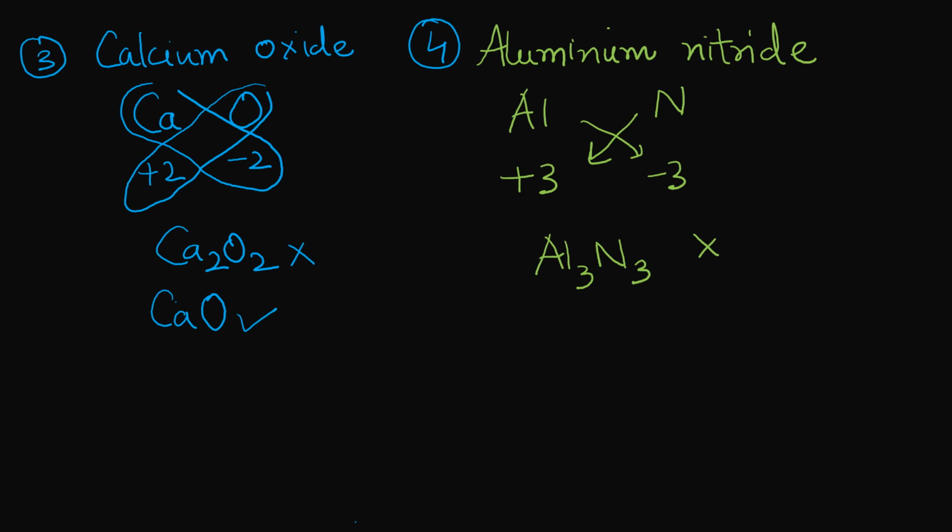We just need 1 aluminum will lose 3 electrons, 1 nitrogen will gain 3 electrons. So we will reduce the ratio, and this is the correct formula. All right. So this was very important, that in the ionic compound we do reduce the chemical formula to the simplest whole number ratios.